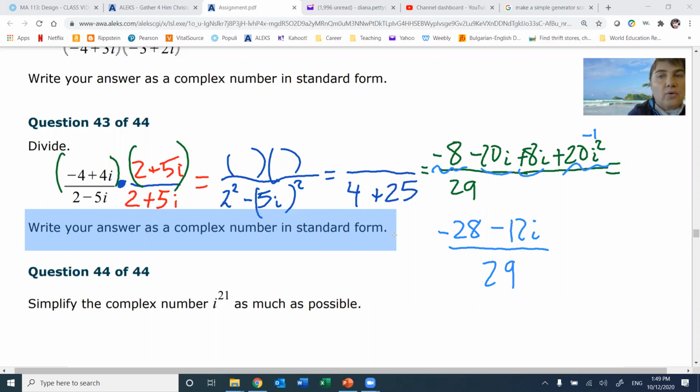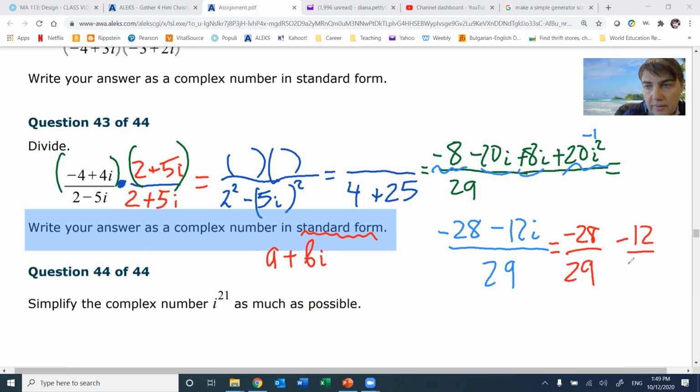So the standard form was a plus bi, right? This is the standard form. So you need to write it like that. What you're going to do is split it into the real part and the imaginary part. So this would be the correct way to write the answer.